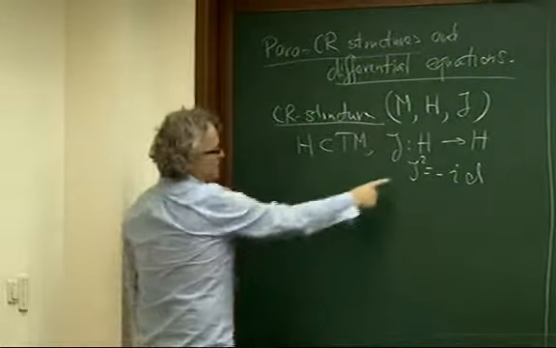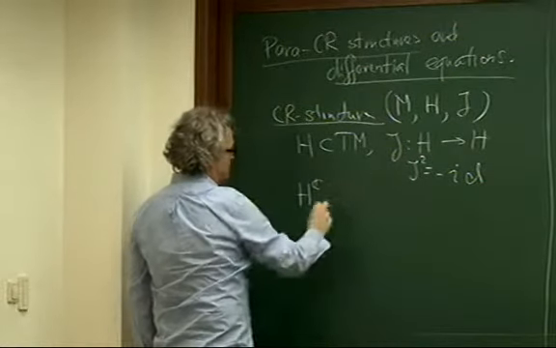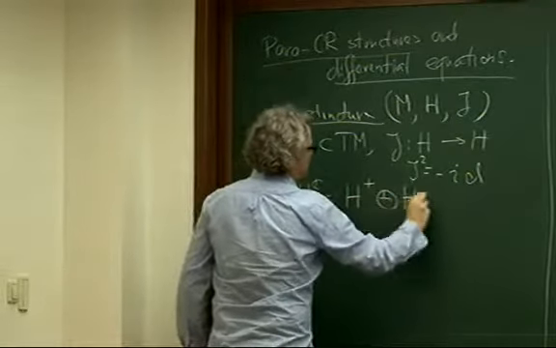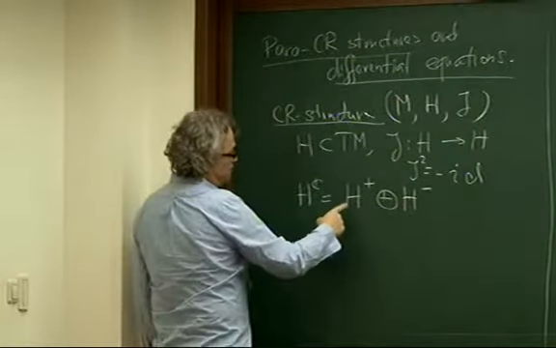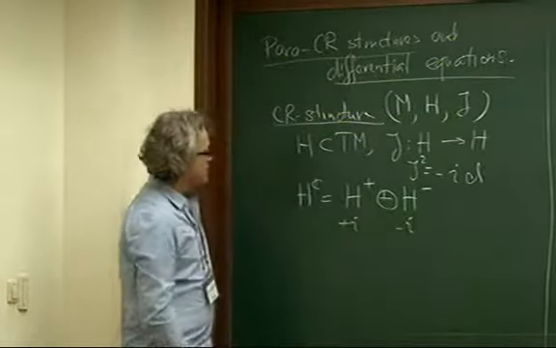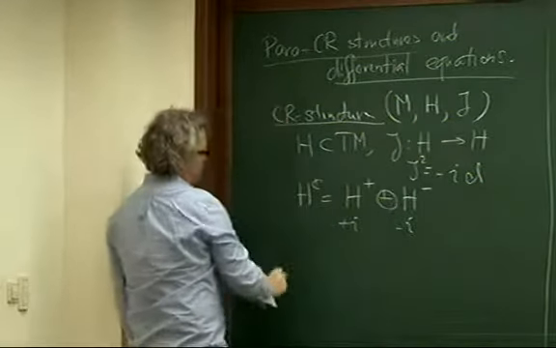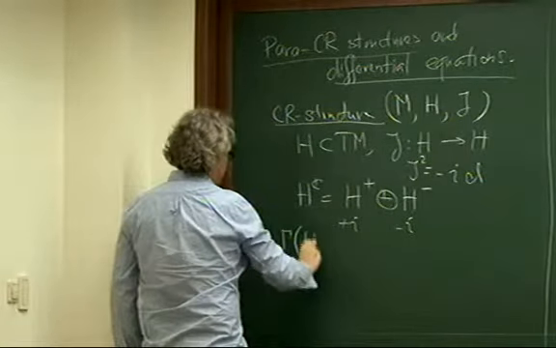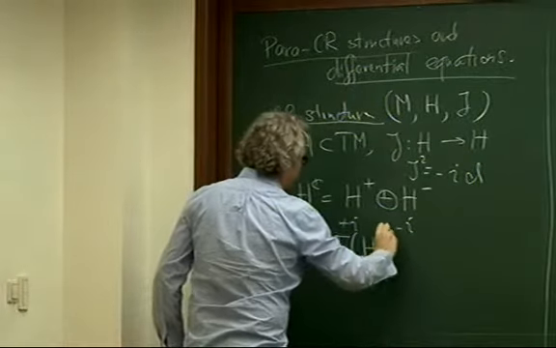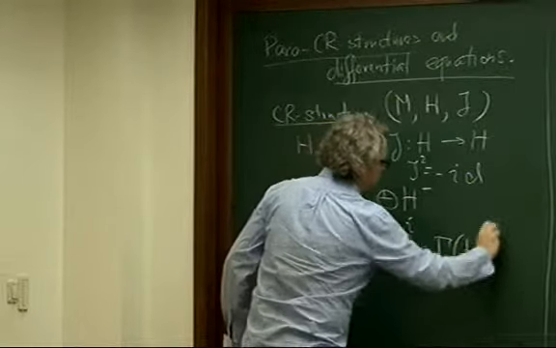Having this J in H, we extend it to the complexification, and we have a split onto plus i, minus i eigenspaces. And now this triple is called CR structure, provided that any commutator of any two sections of this thing just sits in there.